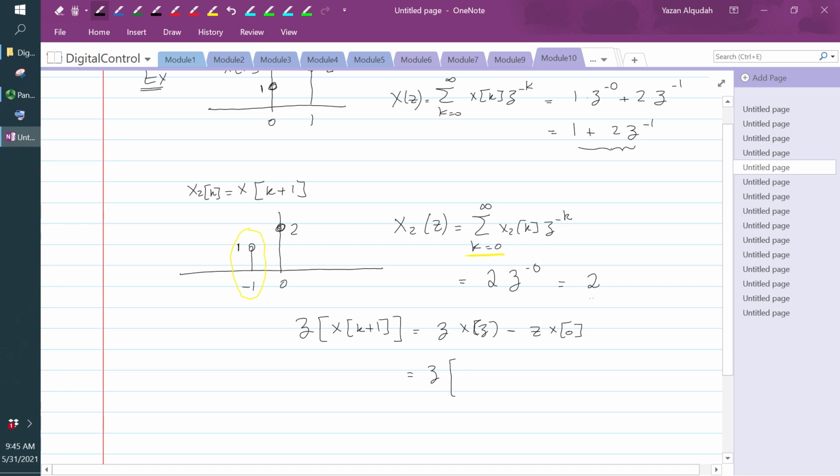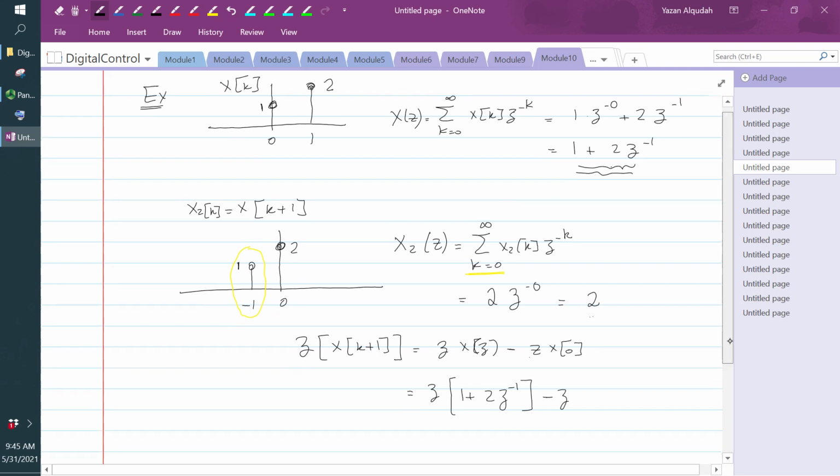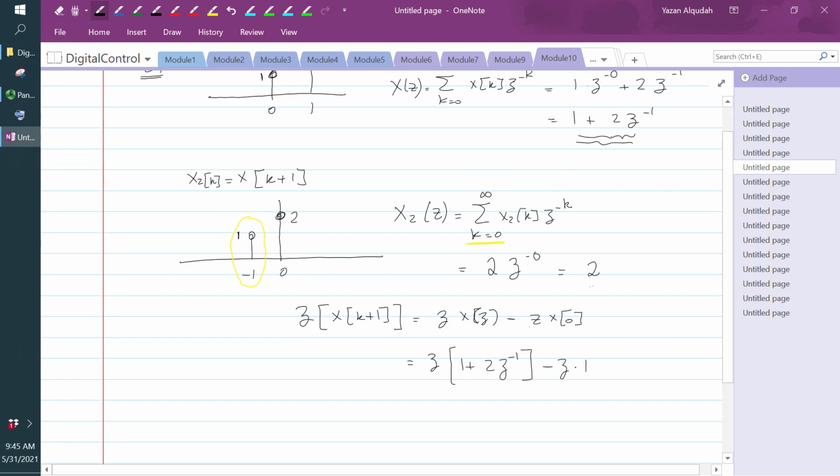From this expression here, it is 1 plus 2 multiplied by z to negative 1 minus z multiplied by x of 0, which is equal to 1 multiplied by 1. What is that equal to? This is going to equal z plus 2, z multiplied by z to negative 1 is going to give me just a 2, minus z, and this is equal to, the z is going to cancel, just equal to 2, which is what I got in here. This and this are the same.